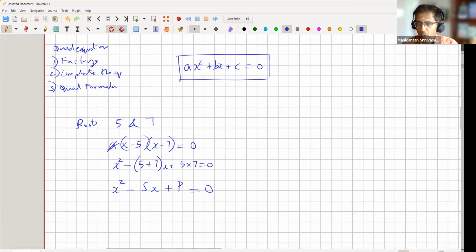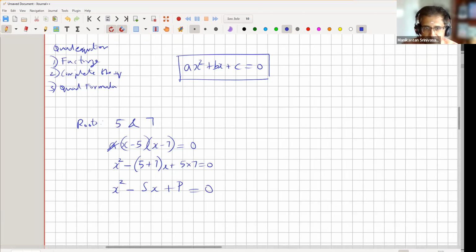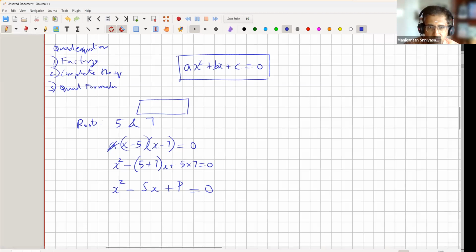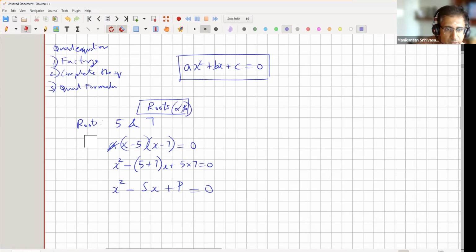Okay, so what am I getting at? If I know the roots alpha and beta, I'll explain in just a second what I mean here. So the roots are alpha and beta.